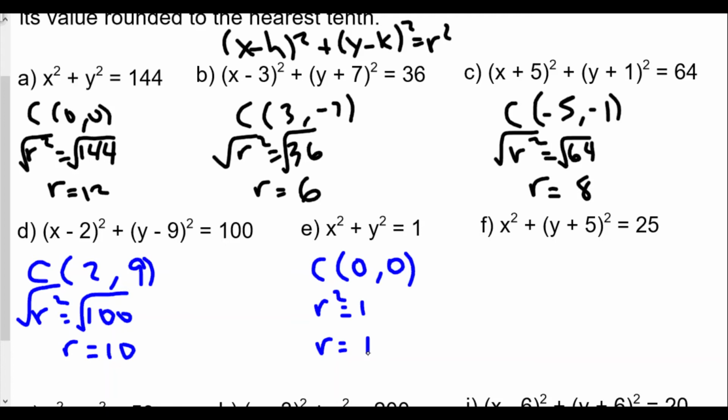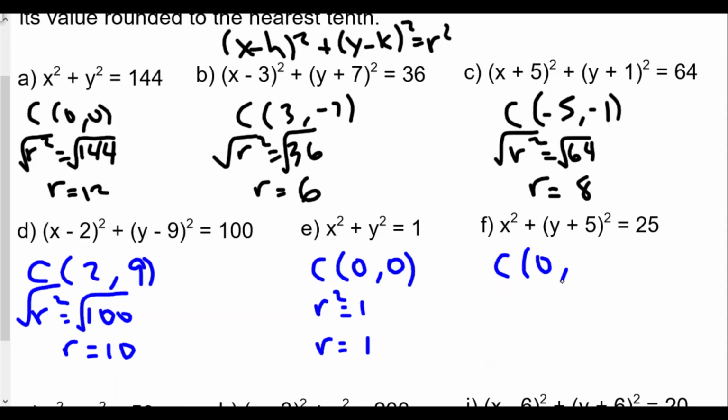Okay? And then for f, it's a kind of mixture in this case. It looks like, oh, what should I do? Well, same idea as what we said for e, that since x squared plus y squared really is x minus 0 squared plus y minus 0 squared. So x minus 0 squared here means our center for this equation, x squared plus y plus 5 squared equals 25, will be 0 for h.